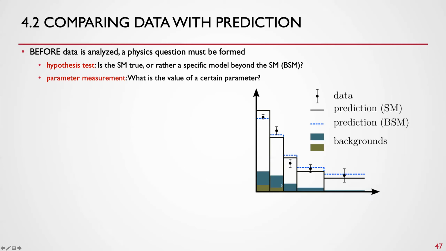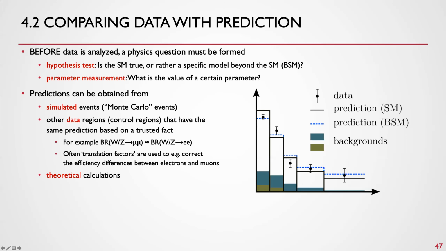We estimate our backgrounds, we consider a signal process that is interesting, and we obtain a prediction of the interesting process under the standard model assumption and beyond the standard model assumption. And that leads to this structure.